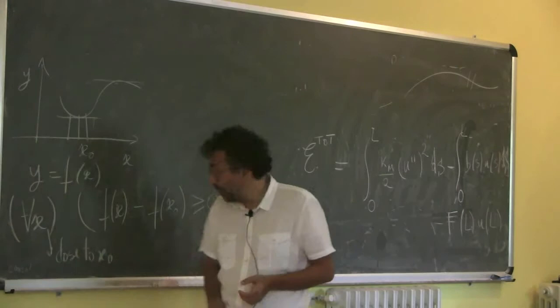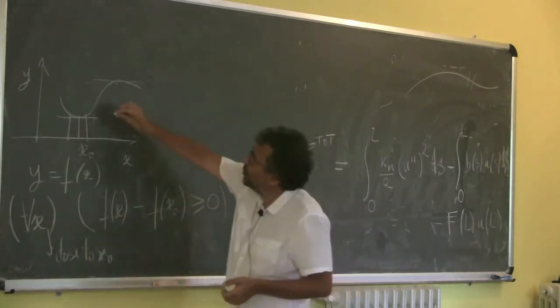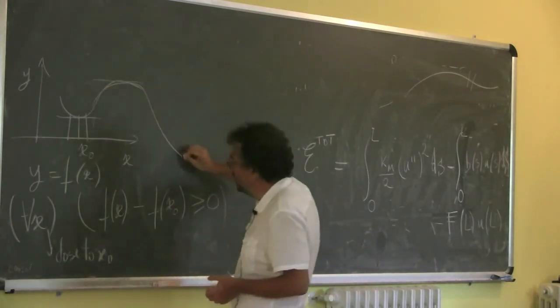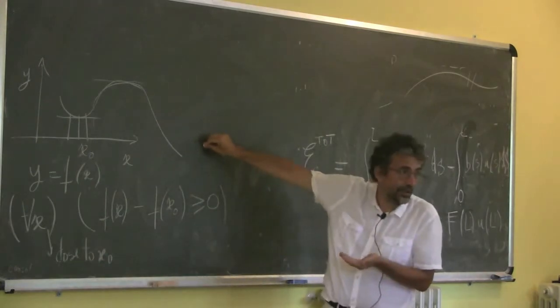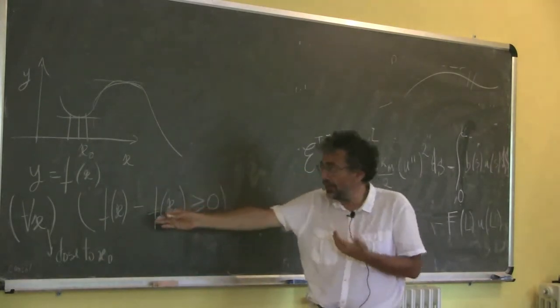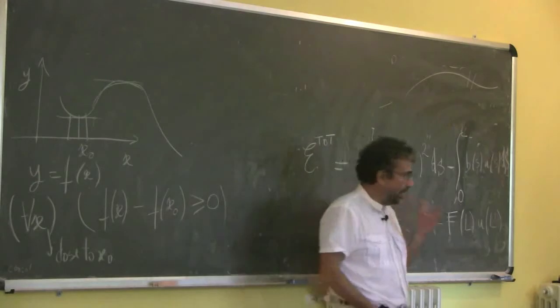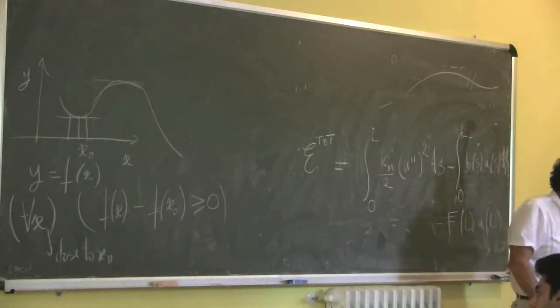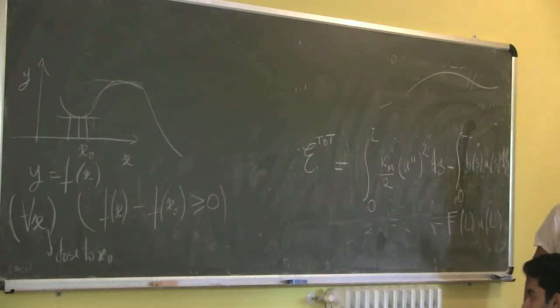Okay? Because of course the function could do this way. Far away, you could have that this inequality is not true anymore. So we assume that this inequality is true in the neighborhood of x0.